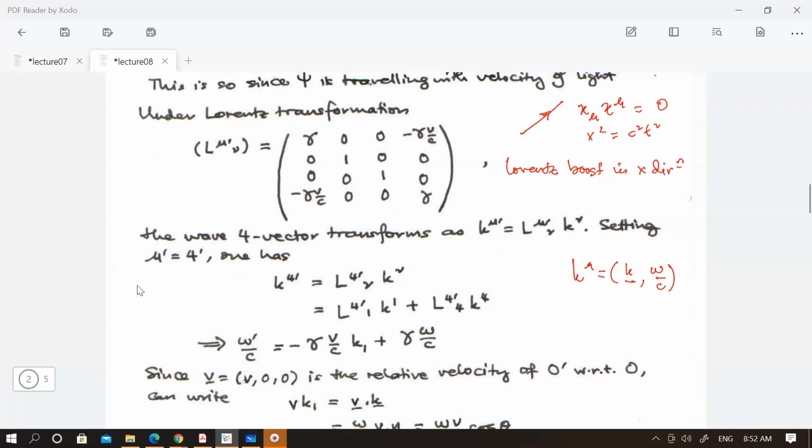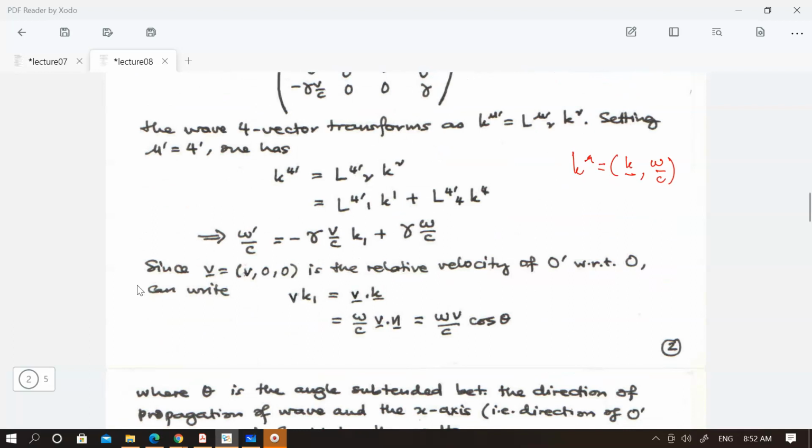So the only thing that changes here is your omega, and then your K1 over here will be the first component of this wave vector. Your fourth component will be again omega over C in the undashed frame. Now you can actually see how they are related to each other.